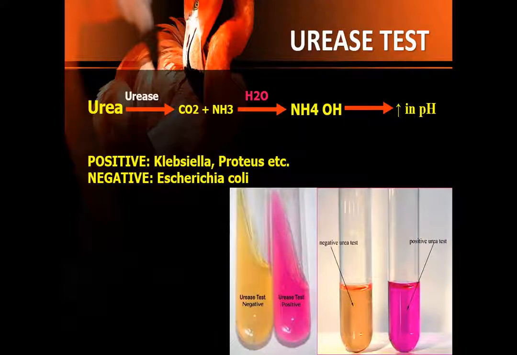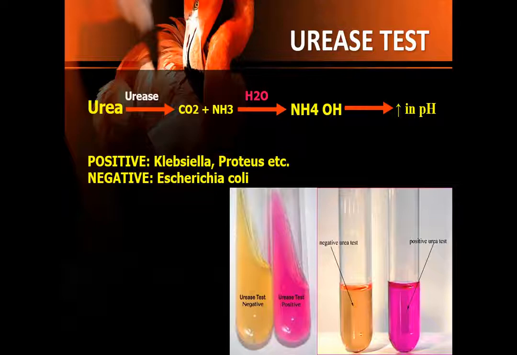So when the pH gets changed, then obviously the color of the agar will be changed. Okay, so a positive reaction will appear in pink color. So if the bacteria is producing urease, then they will change the color of the urea agar, and they will show a positive reaction in pink color.